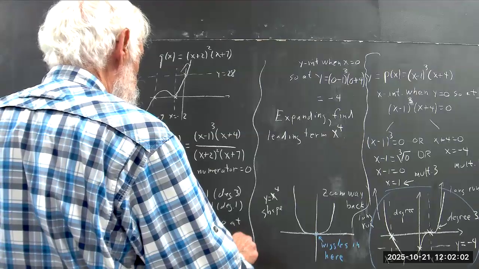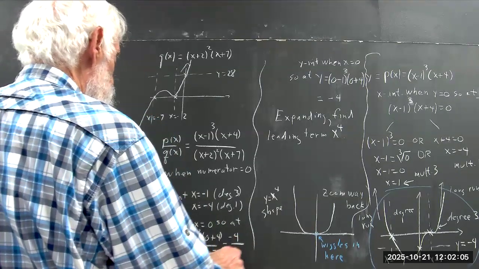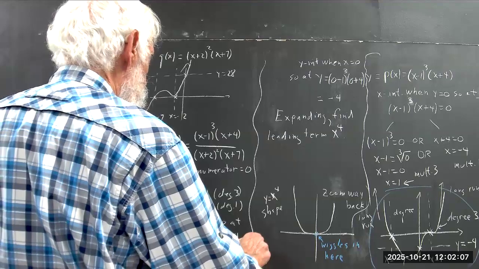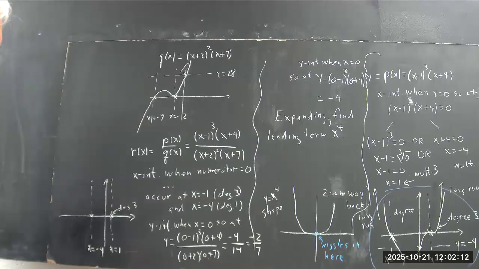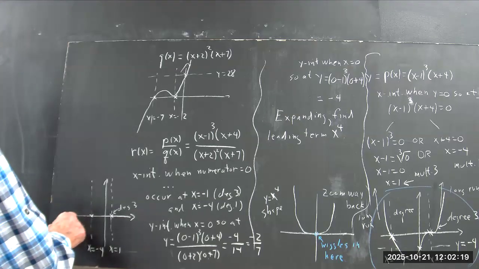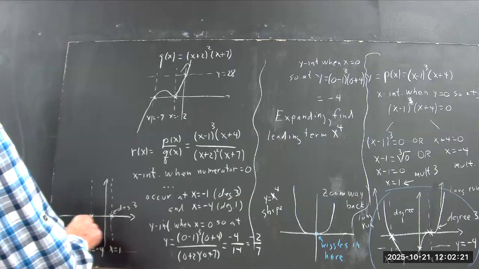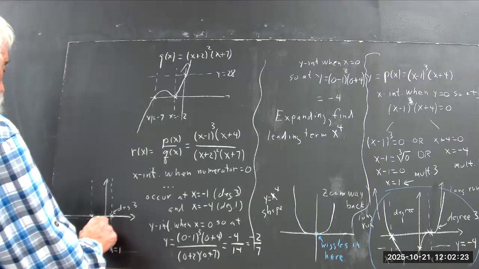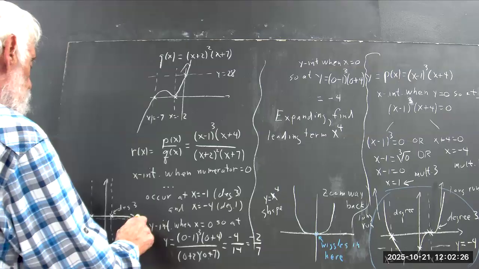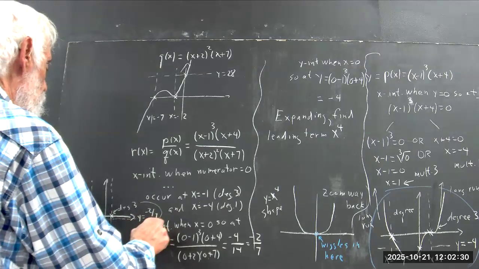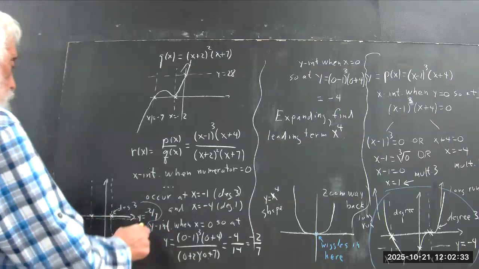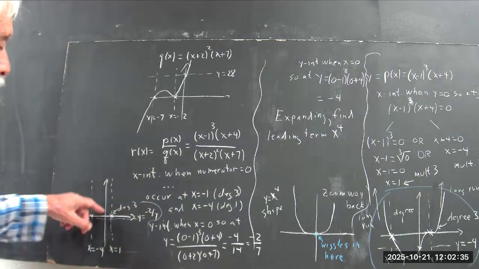Multiply that by 4, you get negative 4. 2 squared times 7 is 28. Or negative 1/7. So that y-intercept is not going to be at all to scale. Okay, here's the line y equals negative 2/7, very close to the origin.